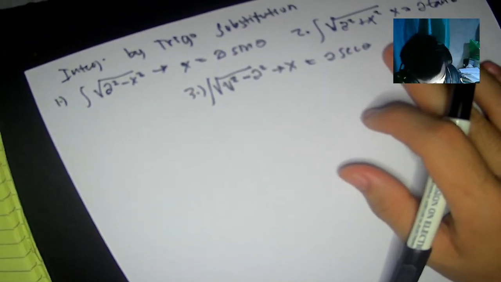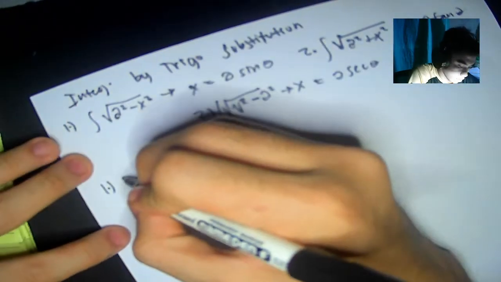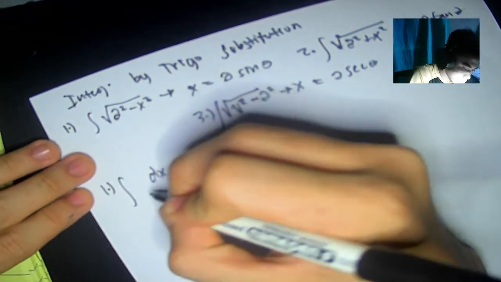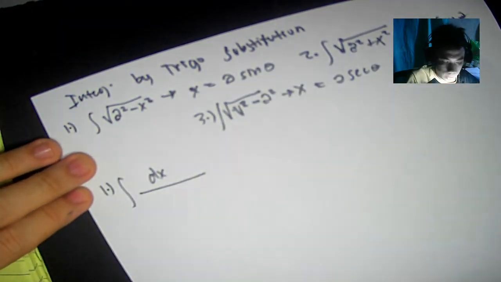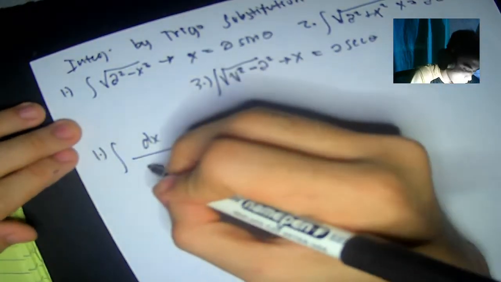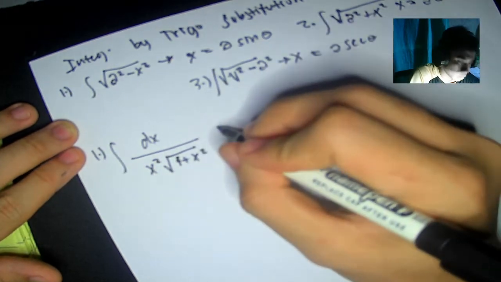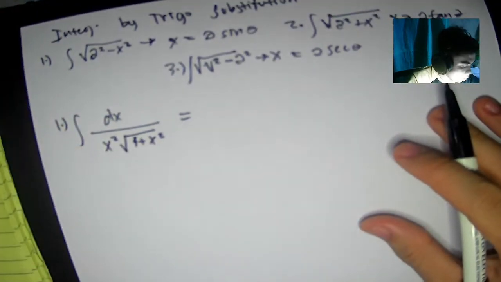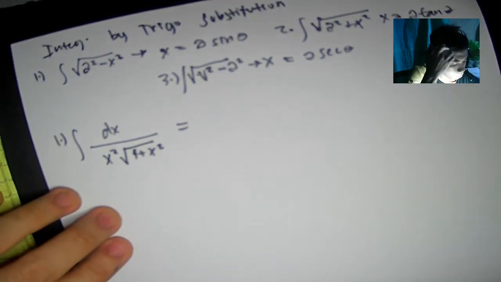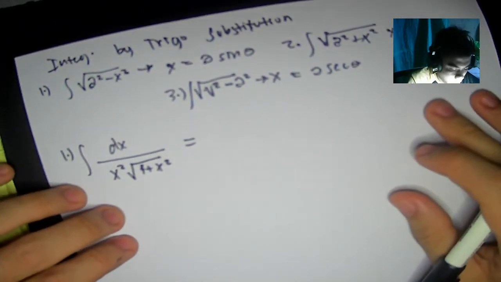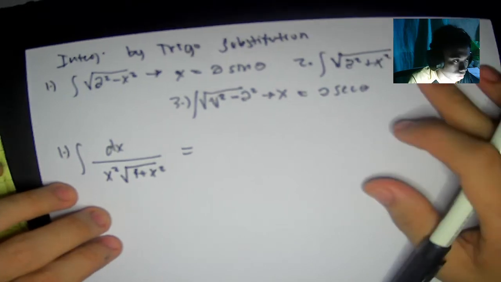So let's have an example here. The one we'll have dx. It's a constant here. It's x squared square root of 4 plus x squared. So what we're gonna do here, let's find our variables first.